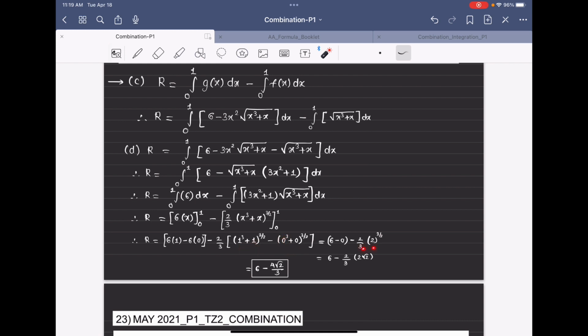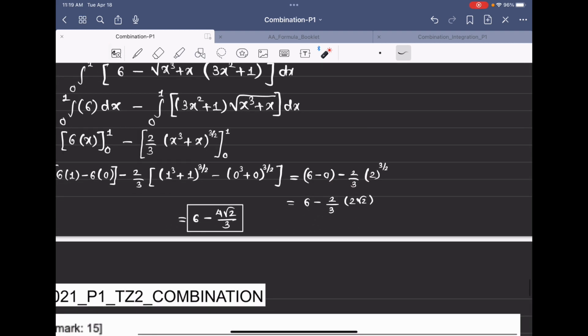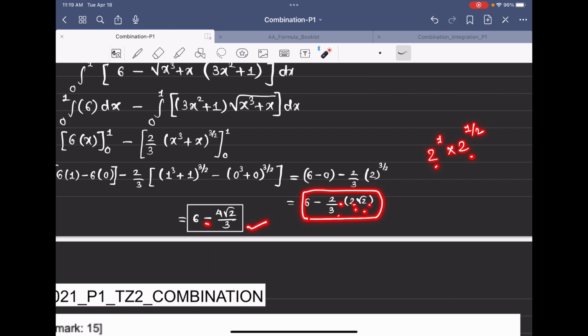So it is 6 minus 2 by 3 into 2 raised to 3 by 2. 2 raised to 3 by 2 you can write as 2 raised to 1 into 2 raised to 1 by 2. 2 raised to 1 is 2 and 2 raised to 1 by 2 is root 2. So your final answer is this, or 6 minus 2 times 2 is 4 root 2 upon 3. Both answers are valid.